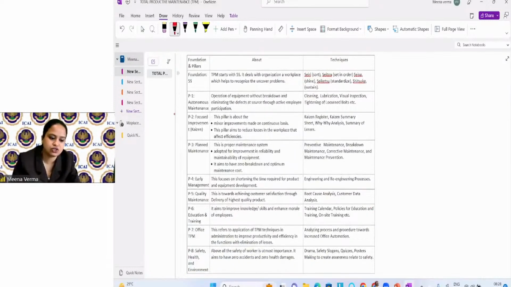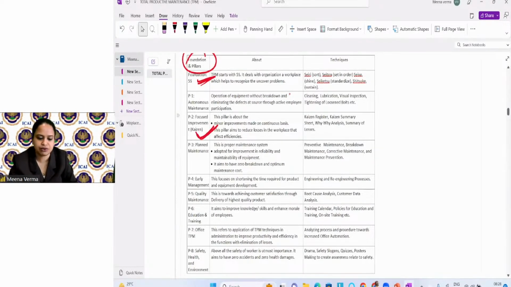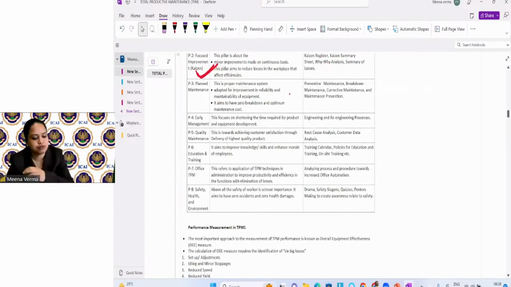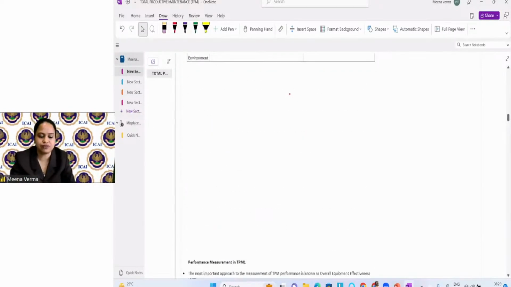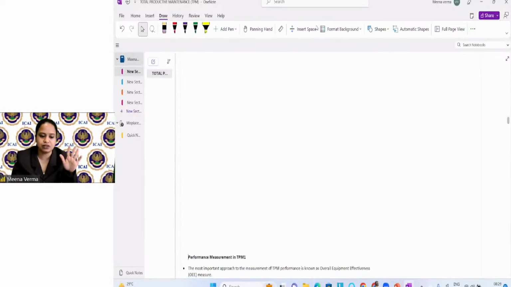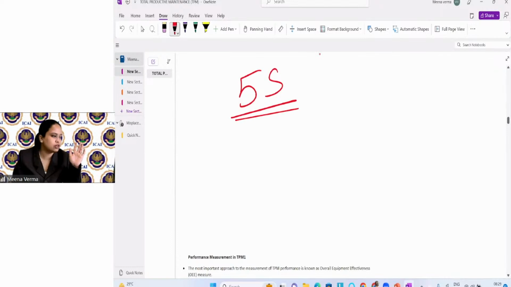You can see it is a 7-8 pillar model. First, the 5S methodology is mentioned here, and continuous improvement is also mentioned here, and the remaining we will learn. Just remember one more thing I forgot to mention: the 5S methodology. In 5S, first we remove unnecessary things: sort.